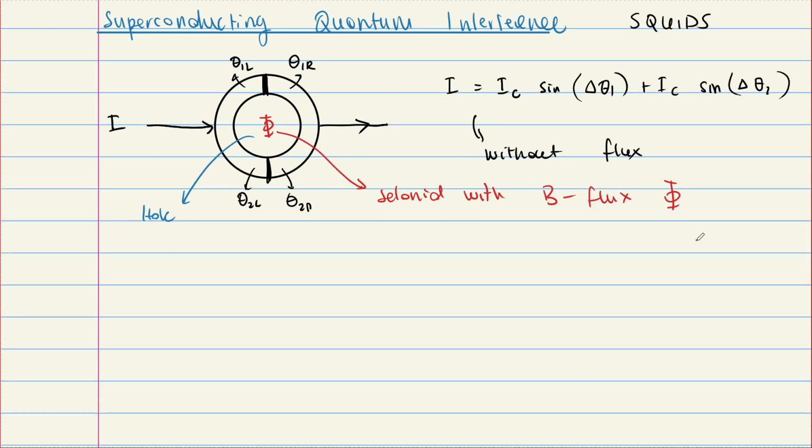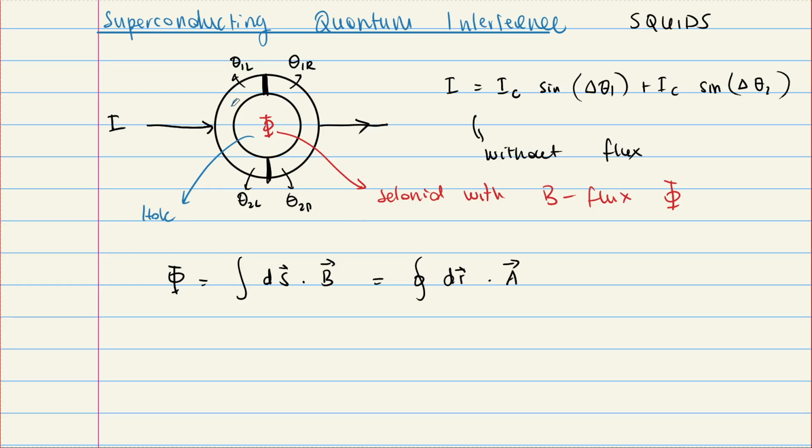And now what happens? Let's think about the flux. Flux by definition is the integral of dA times B, right? And we use the same trick we use all the time, the Stokes theorem. So this is a loop integral of dr dot A.